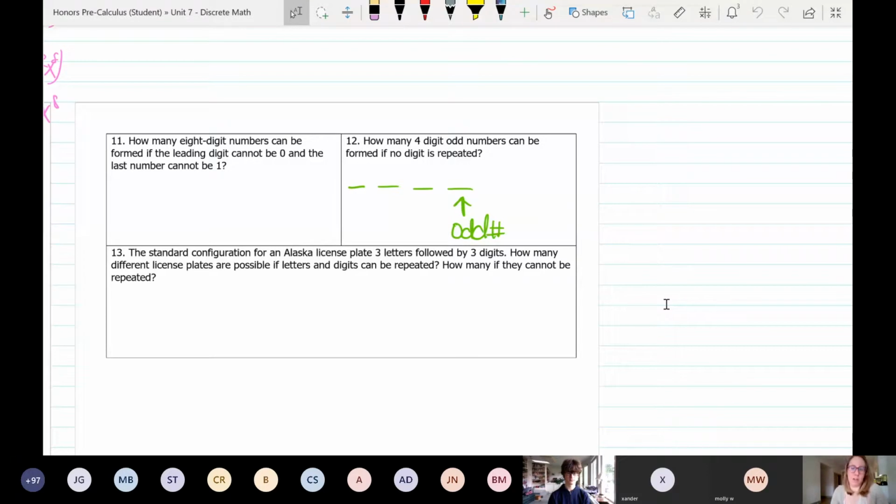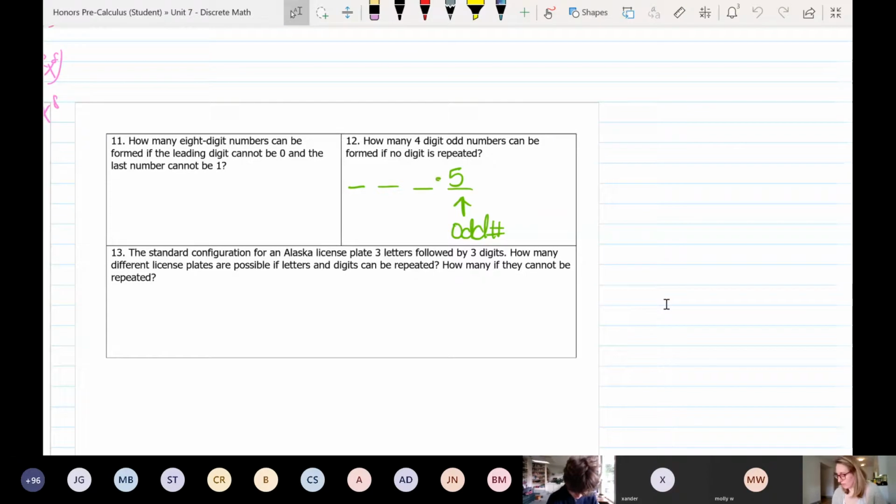So our digits are 0 through 9. Looking at 0 through 9, how many of those are odd numbers? Well, 1, 3, 5, 7, 9. So we have 5. There are 5 numbers that we can have here that would make it odd.